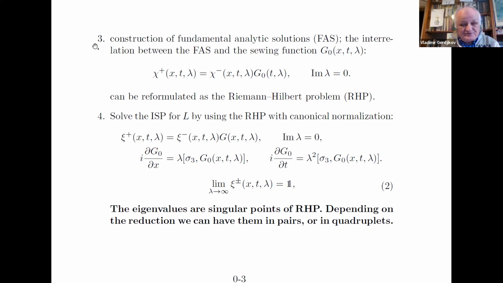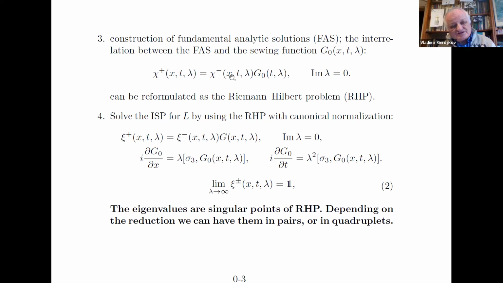The third step is the construction of the fundamental analytic solutions. Now we want to solve the inverse scattering problem, actually. Constructing the fundamental analytic solutions, chi plus and chi minus, in this case, this is not difficult.